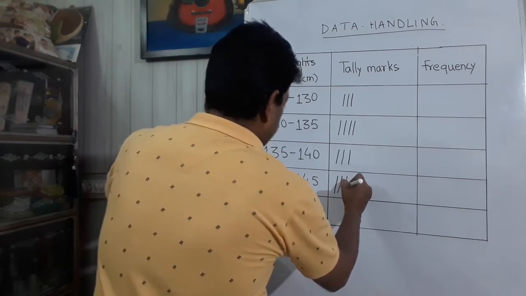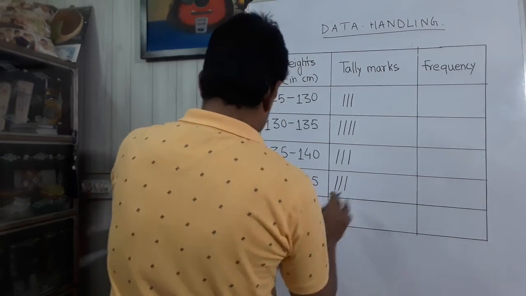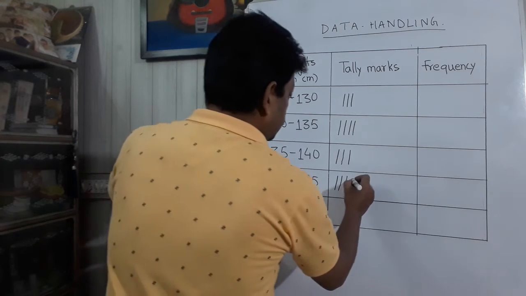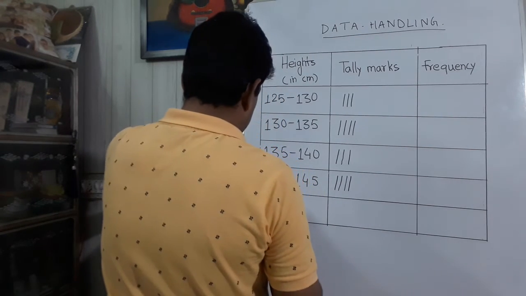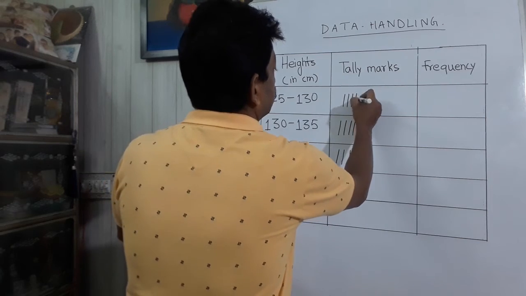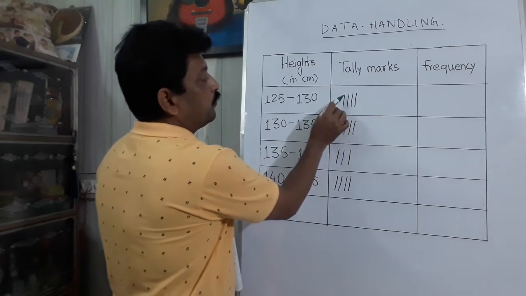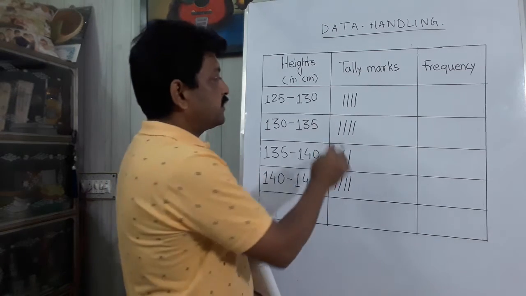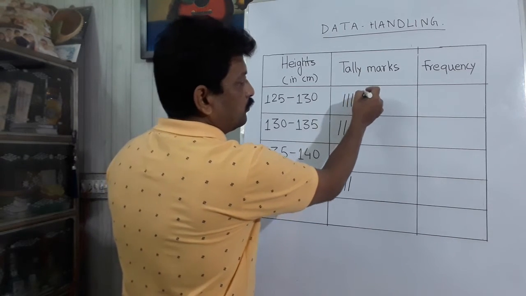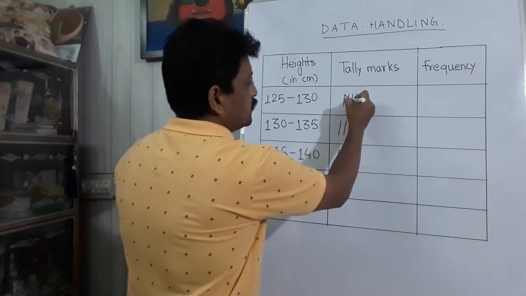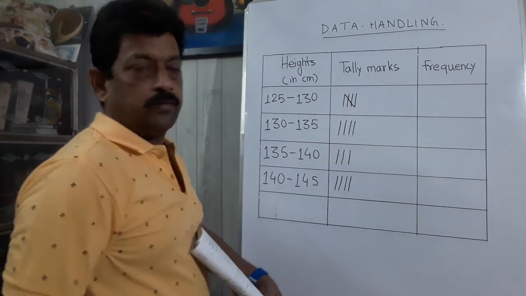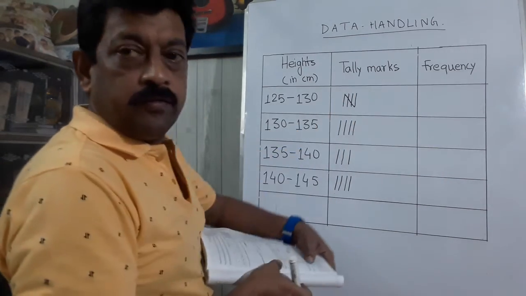142 here, then 143 again here, 128 here, 126. Now already 4 is completed. 126 I have to put here, so I cannot put one more tally mark. I have to cut this line which represents 5.